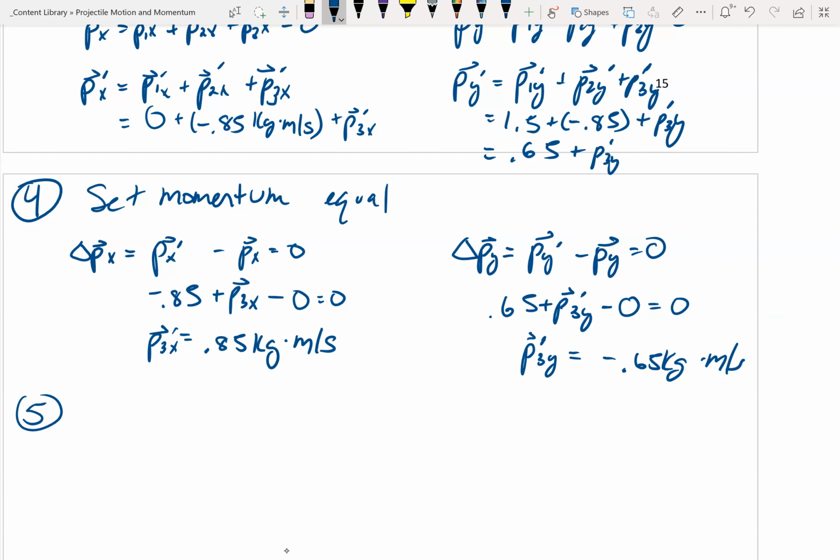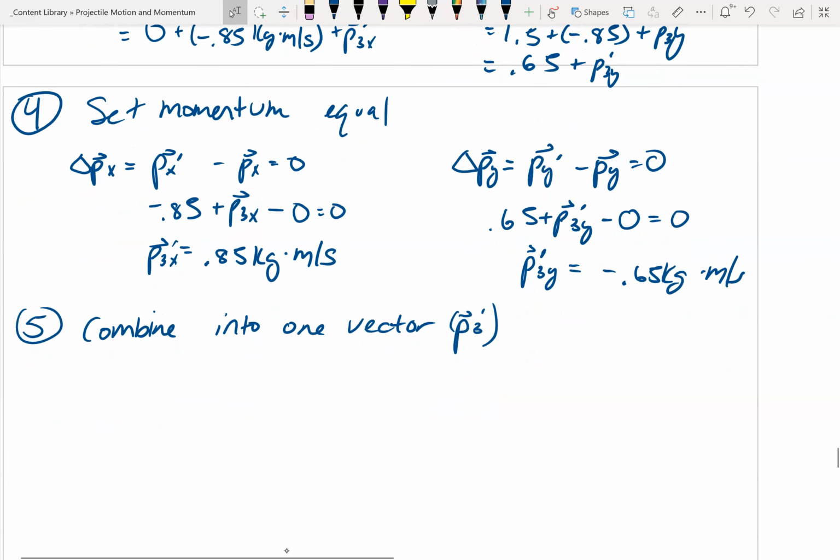So now we can combine into one vector. Our x component's positive, our y component's negative, so it's going to go down. We are looking for P3 prime.